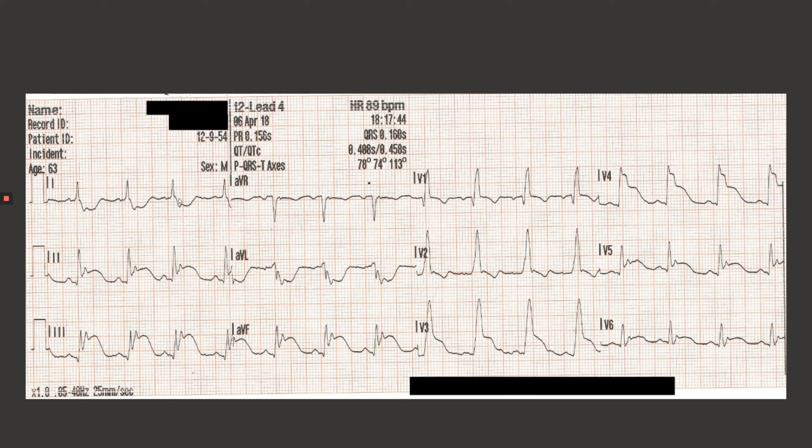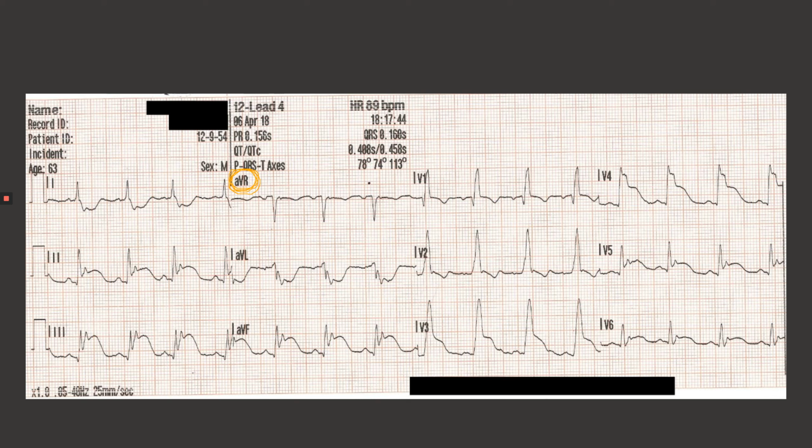Is there any ST elevation, depression, what have you? Then I do it in lead 2, then lead 3. I don't really look at AVR for this. I skip that, and we're going to talk more about AVR later. I don't look at AVR for any ST elevation or depression because it doesn't count as contiguous.